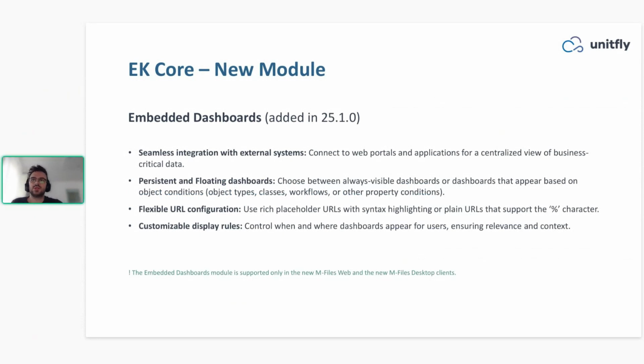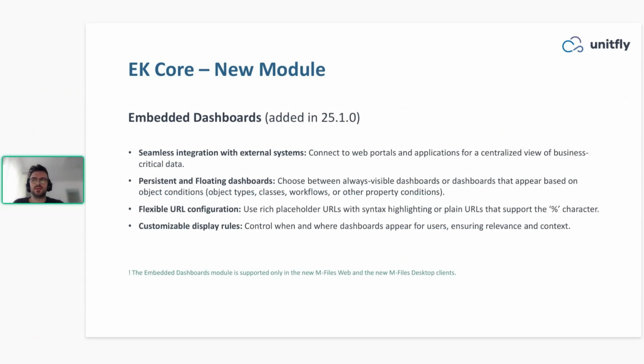So this is basically a UI add-on which works similarly to other Extension Kit modules in a way that you need to set up a rule. And when you set up a rule, it will show a new UI component based on that rule and based on the object type you are currently viewing.